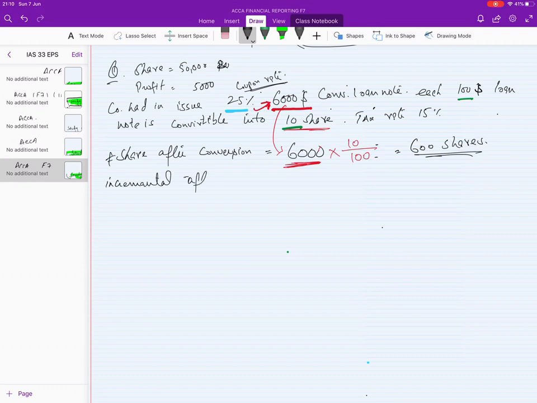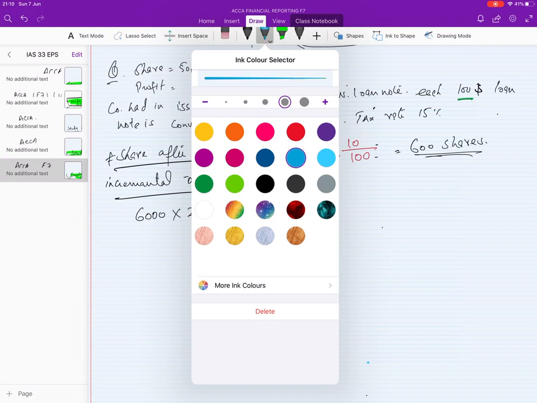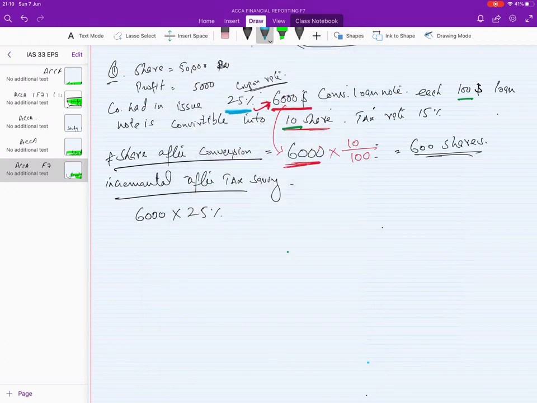Now the incremental after-tax saving. This is the first bit, this is the second bit. You were paying 25% on 6,000 before, 6,000 multiplied by 25%. Now you don't have to pay 25% on 6,000. It means you saved interest of 1,500. When you save 1,500, you have to pay tax on it.